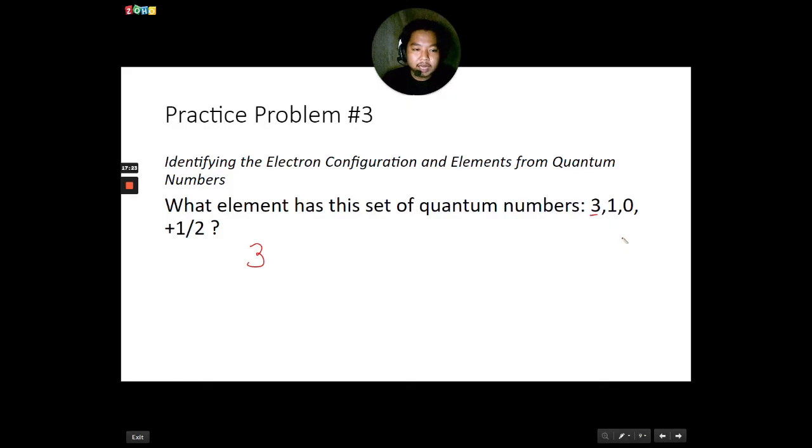Then 1 corresponds to P, since S is 0, 1 is P, 2 is D, and 3 is F. So that would be 3p. And then there's an electron spinning upwards that lands on the 0 orbital, out of negative 1, 0, 1.